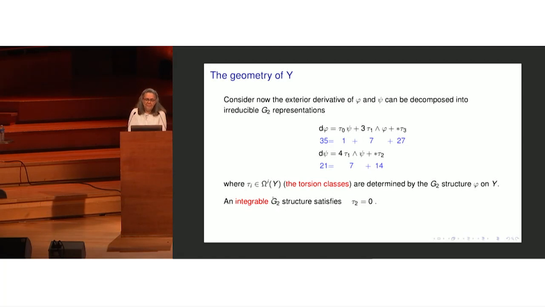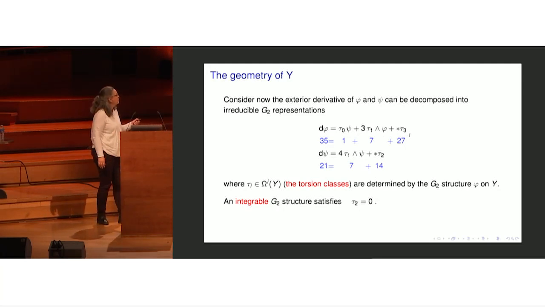Now, let's consider a little bit more the geometry of Y. Consider the exterior derivative of these forms, the 3-form and the 4-form, which can be decomposed into irreducible G2 representations. The exterior derivative of phi has 35 components because it's a 4-form, and it decomposes into a singlet, a 7 and a 27. These terms just reflect that decomposition.